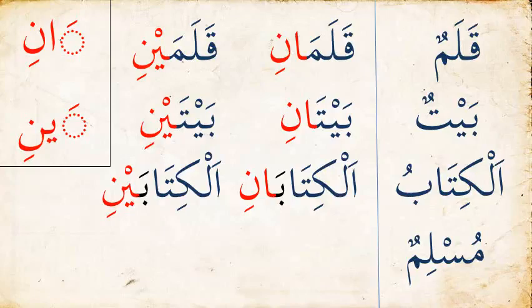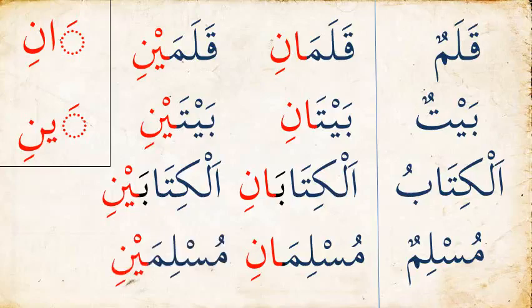Okay, so the word muslimun, to convert it to dual, would be the same process. I would add ani or aini. So if you had to convert the word muslim to two Muslims, it would become muslimani or muslimaini.